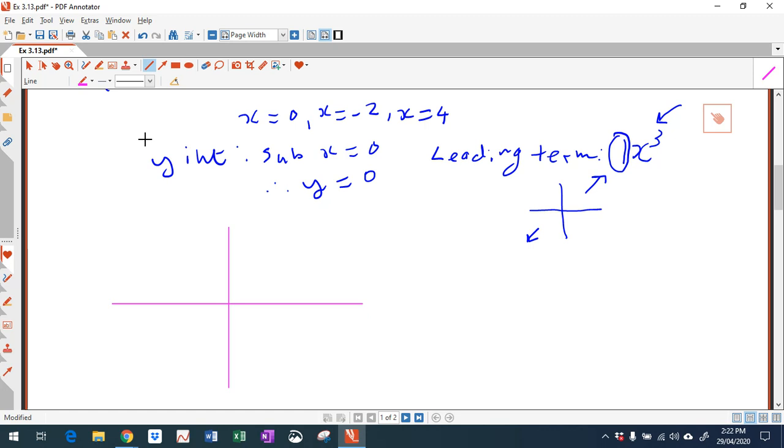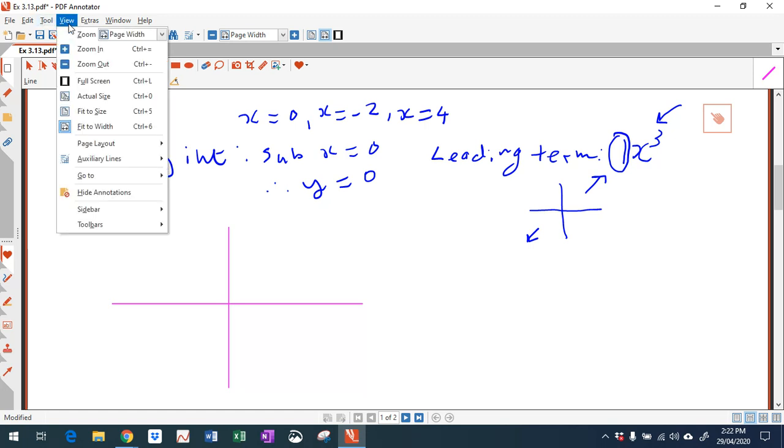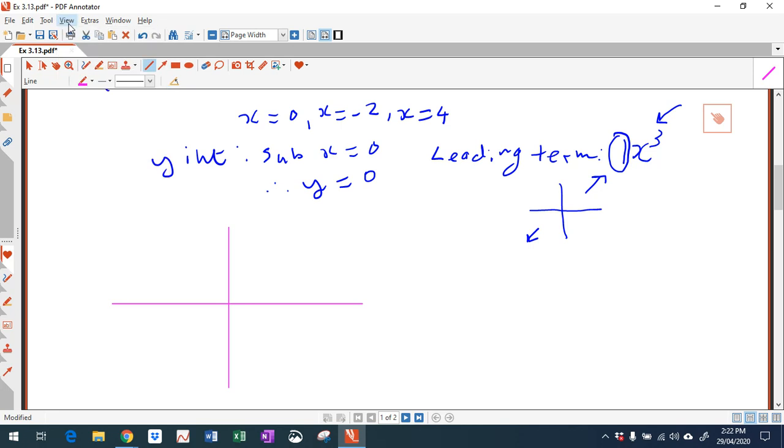Now I just got to put some numbers on there. And can I add a grid? I can. So look up here. I don't think so. No grid at the moment.